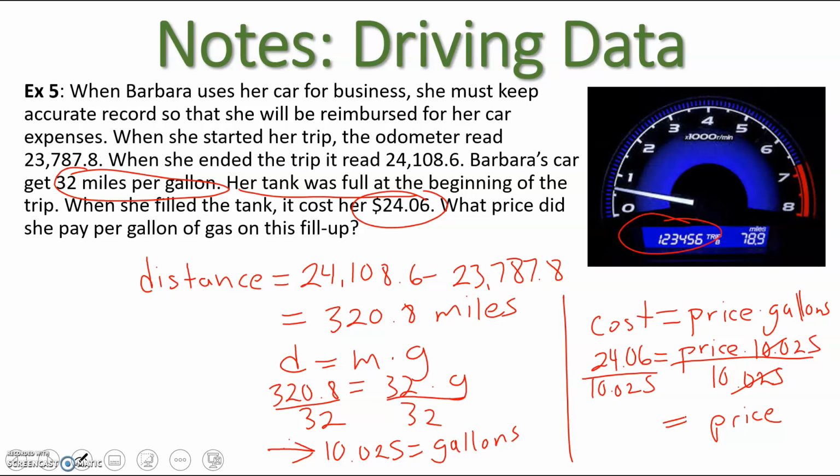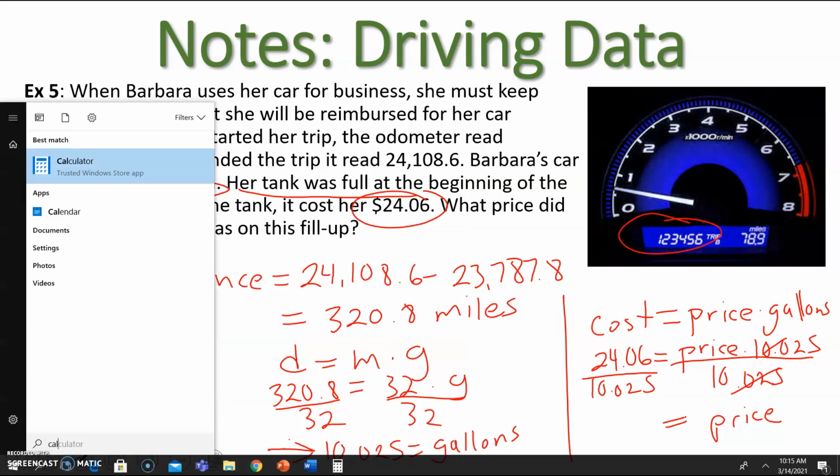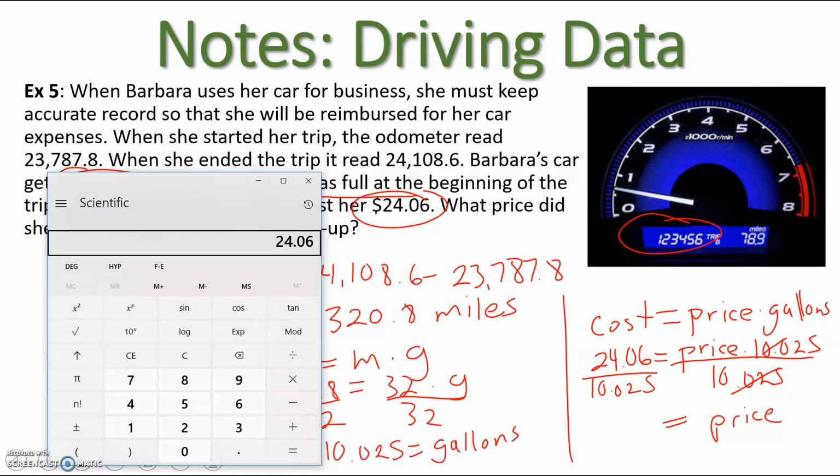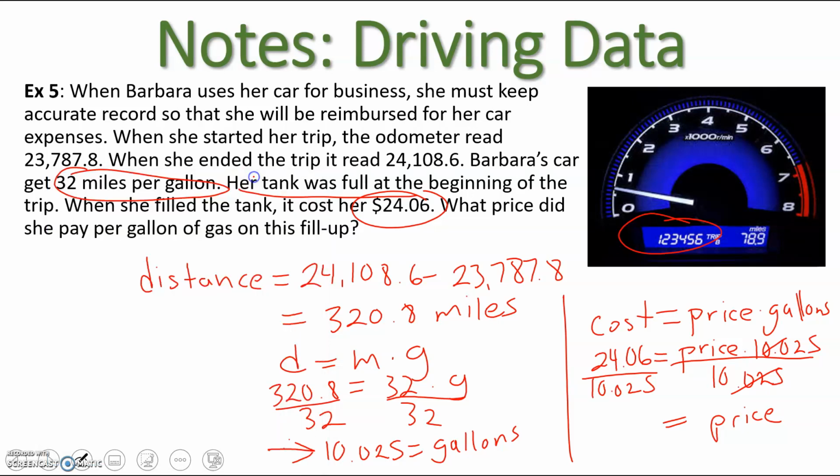Using our calculator, we have 24.06 divided by 10.025, or $2.40 per gallon.